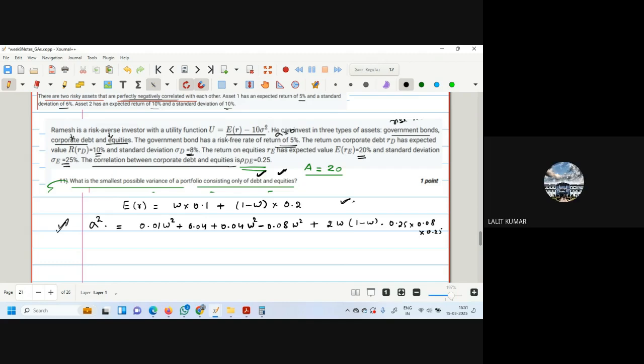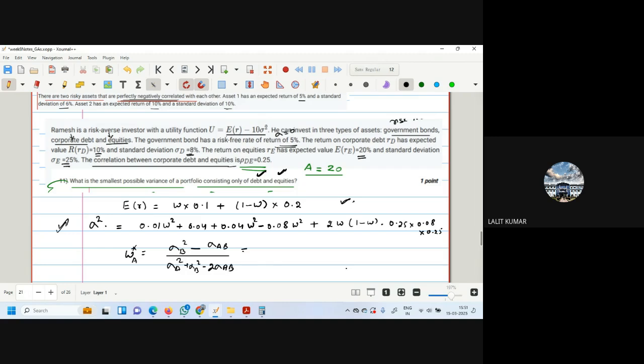Okay. And from here, we can directly find the W star. Either you can use the formula that you use: WA star is equal to sigma B star minus covariance of AB, divided by sigma A square plus sigma B square minus 2 of AB.